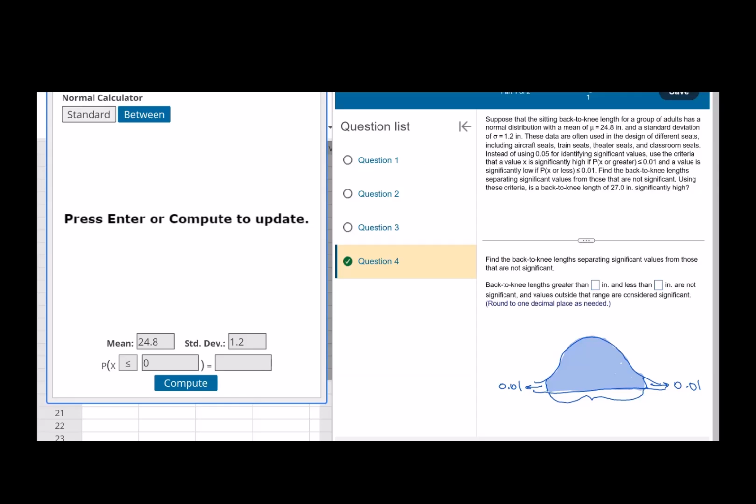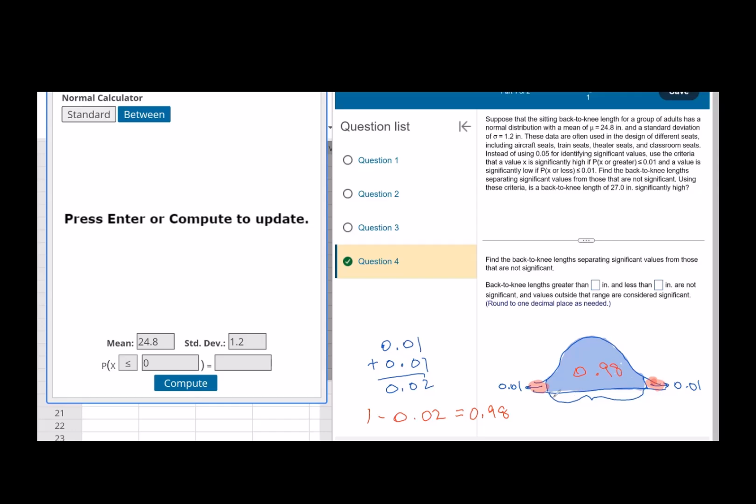If I have 0.01 and I add 0.01, I get 0.02. 0.02 is really the part I don't want. I would call this the red area. But this graph is symmetric. What I want is 1 minus 0.02, which is equal to 0.98.